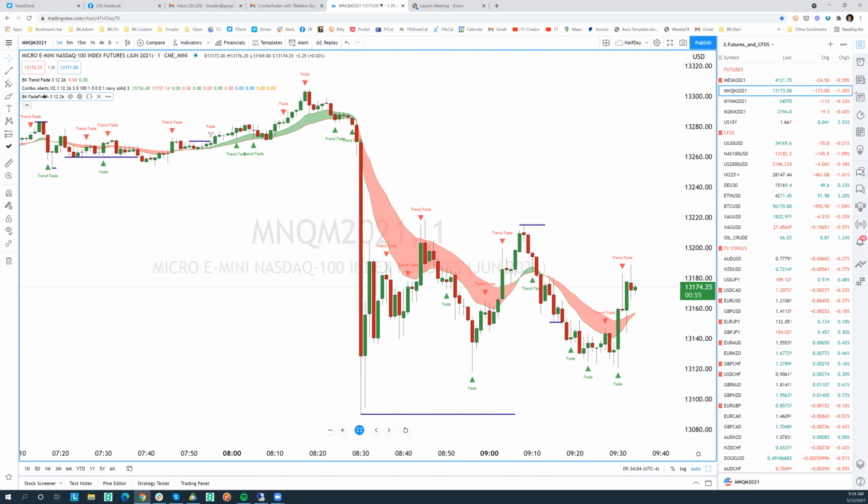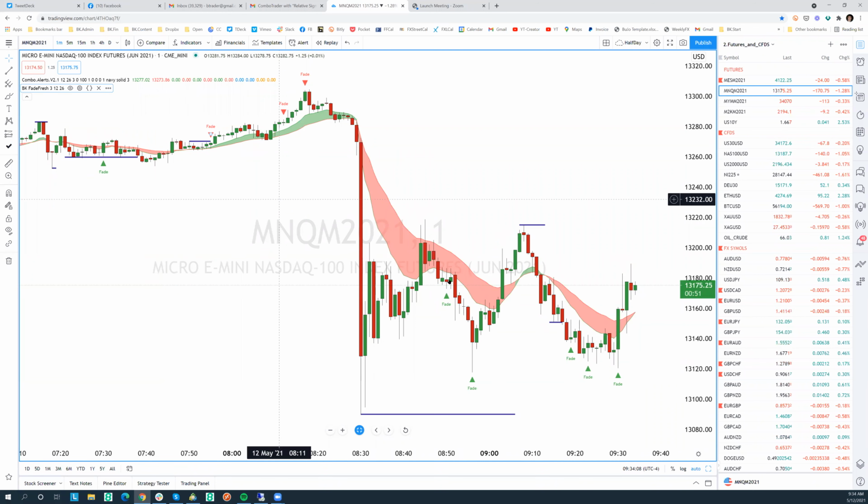Let me delete the trend fade on this, just so everybody sees the fade idea, right? The fade idea is I'm just buying lows in an uptrend, selling the highs in an uptrend. So buying the lows in a downtrend, selling the highs in an uptrend, right? And obviously, in very flat markets that are slowly trending up, this is not going to work.